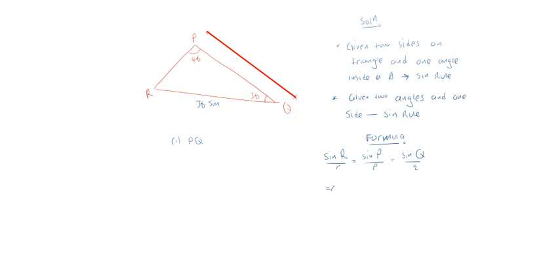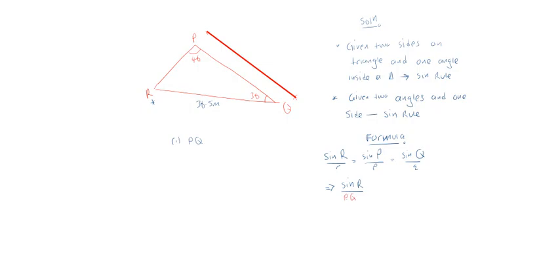Let us go to R. Are we given any angle on R? If there's no angle, we just leave it the way it is, sine R. Are we given the side opposite to R? No, we are not given. So we can represent it by the letters PQ, the distance that we are looking for. So I'll put PQ there.